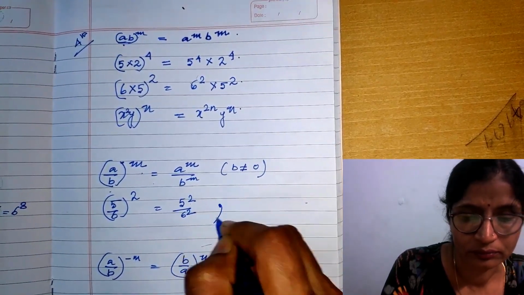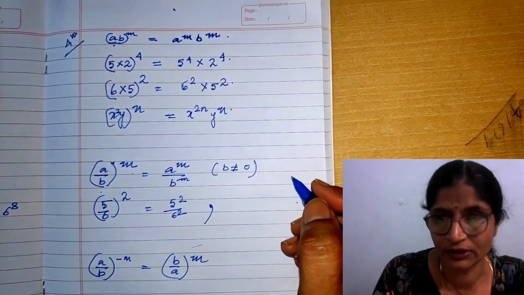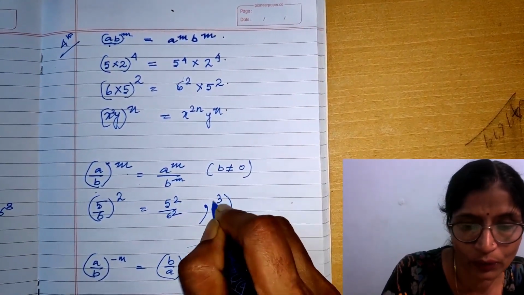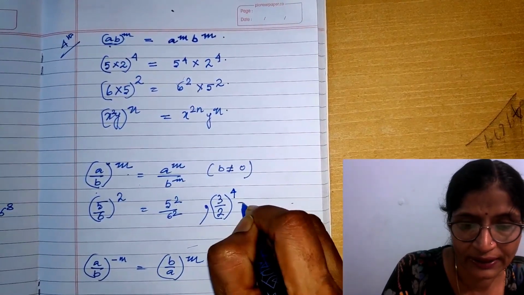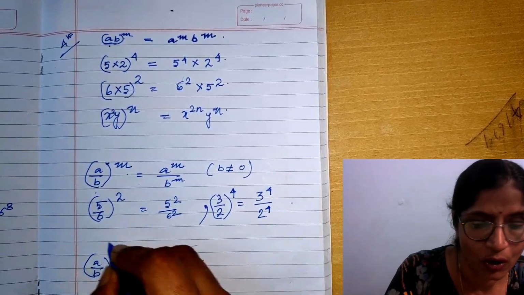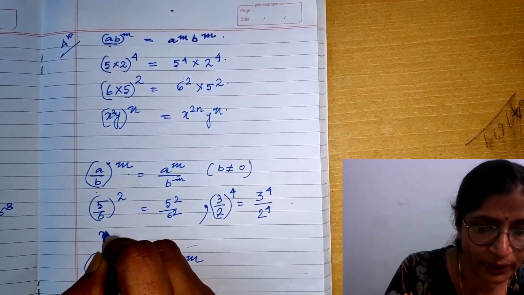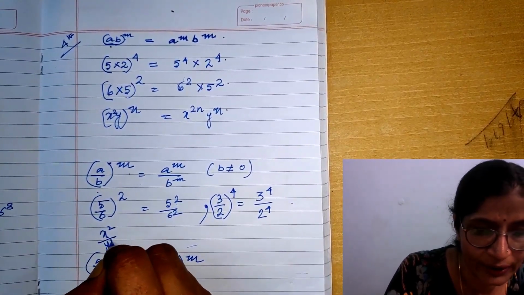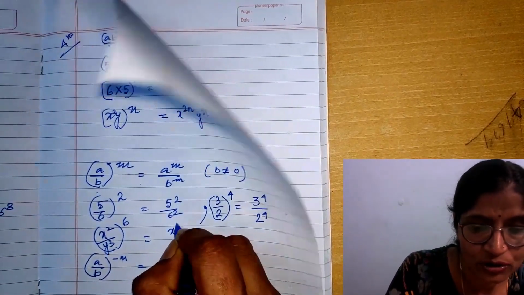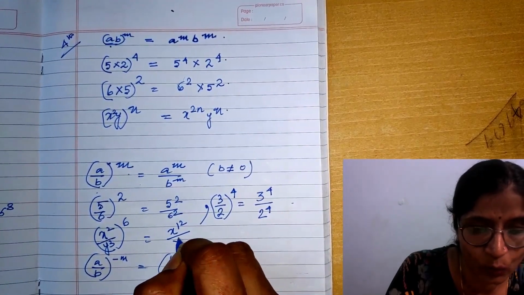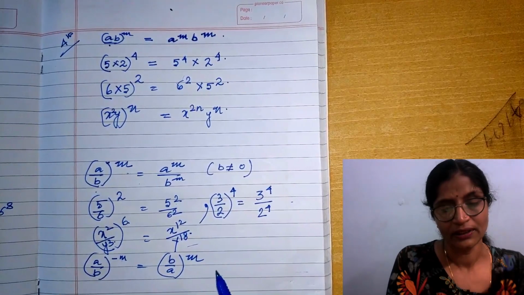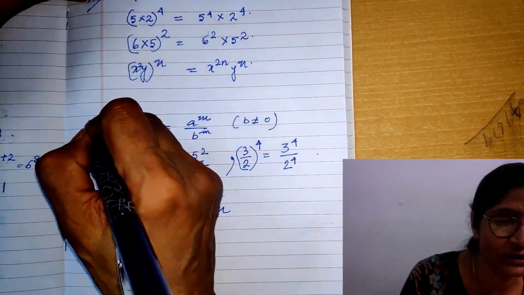Or (3 divided by 2)^4 is equal to 3^4 divided by 2^4. Or (x square divided by y cube)^6 is equal to x^12 divided by y^18. So this is the fifth one.